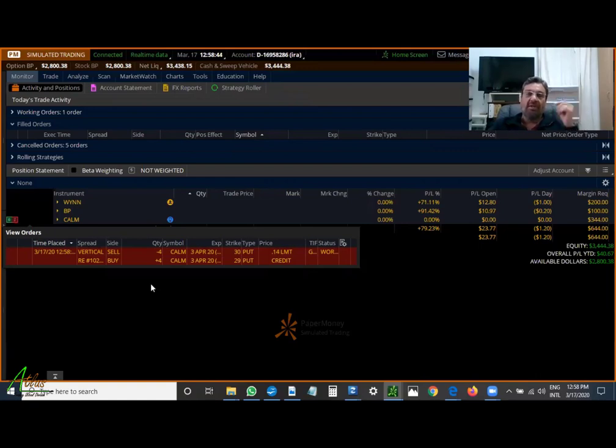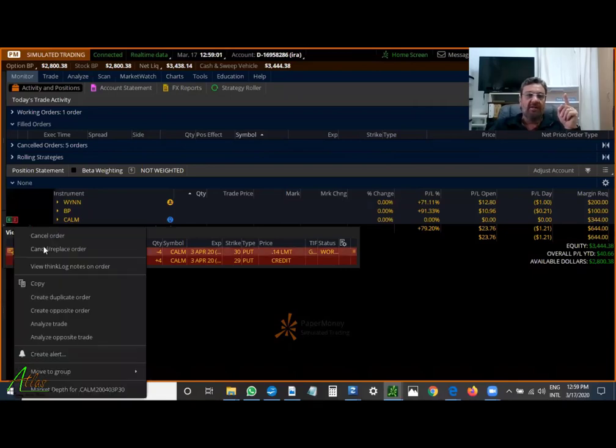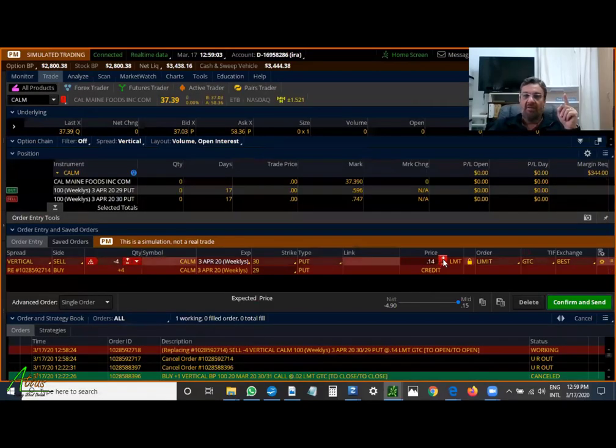Now you don't need to wait until a specific time to trade, do it as soon as you can. Options, stocks is something different, but options you trade as soon as possible in order to get the maximum profit. In this case, I'm going to change, right button here, cancel replace. I'm going to leave it 15 as it was. By the way, you can try also above, 1 or 2 cents above, 1 or 2 cents below.